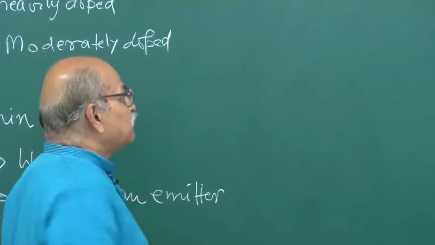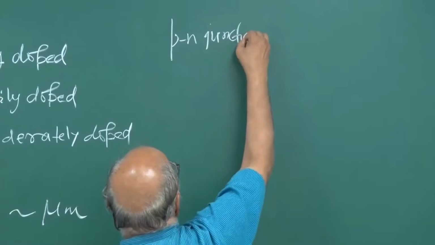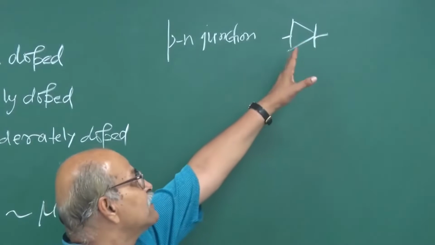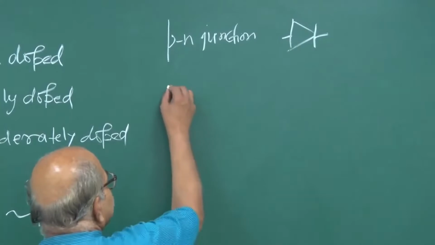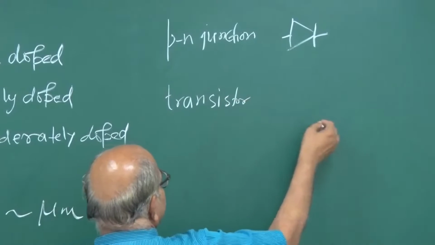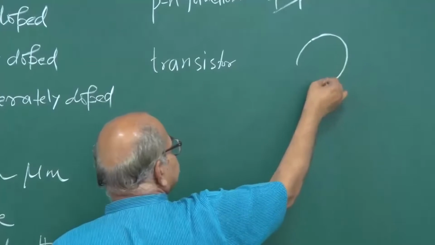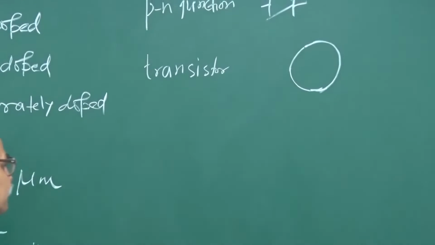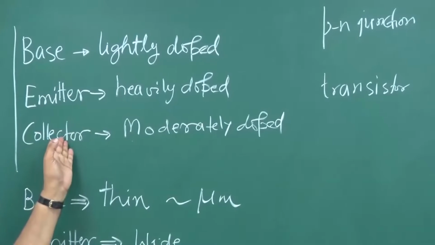Now the symbol. For the PN junction, you remember, we also had a symbol, and the symbol itself tells that this side is P and this side is N. Similarly, for the transistor, generally people draw a circle, sometimes you may not, but it is good to draw one. Then three lines for the three parts: base, emitter and collector.